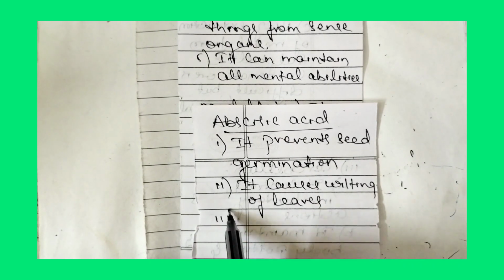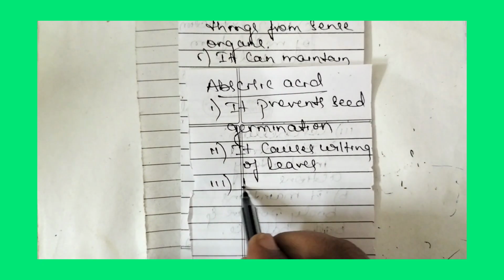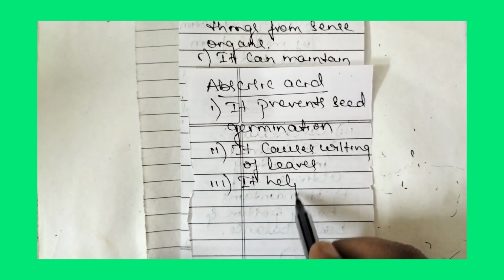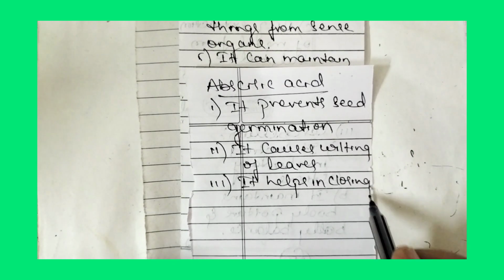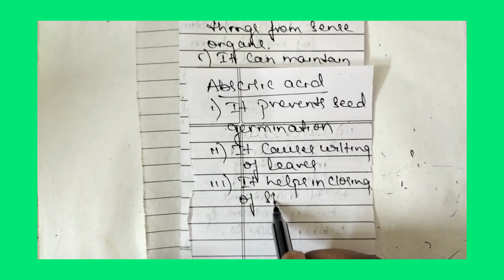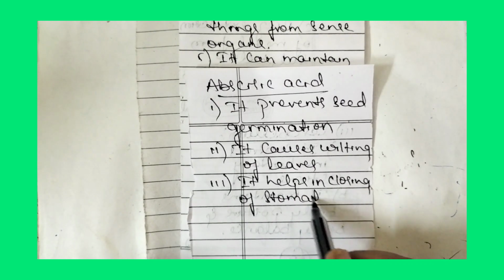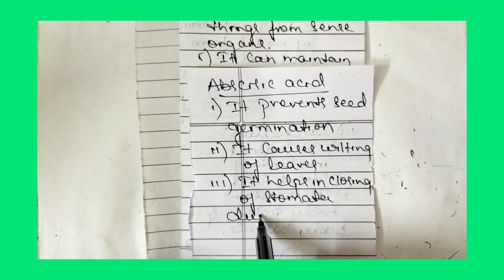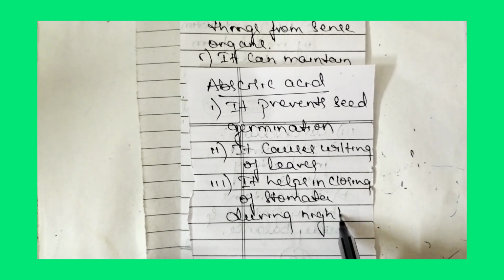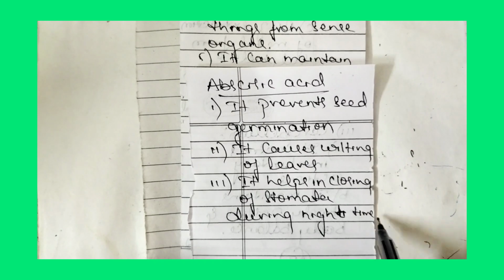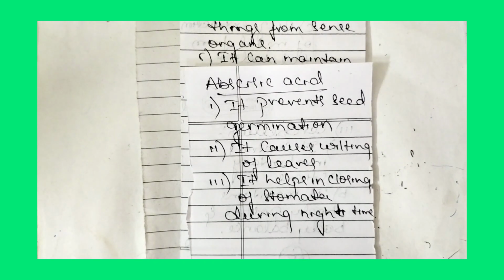And the third one is it helps in closing of stomata during night time. So these are the functions of abscisic acid.